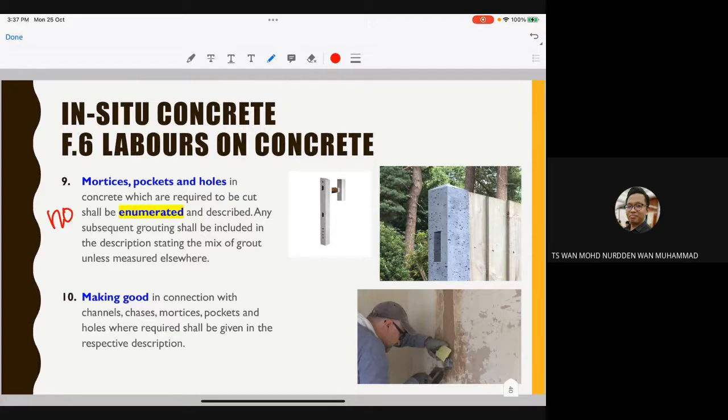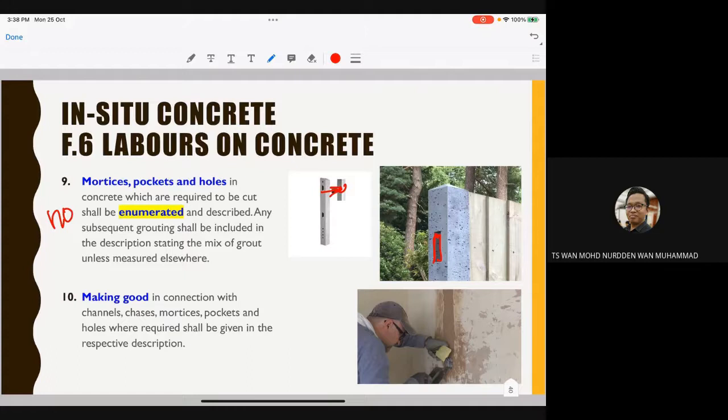Jika kat sini mortise, pocket and holes. Tahu mortise tu apa? Mortise tu macam mortise and dowel lah, kalau kita pernah dengar kan. Macam kita buat holes kat dalam kita punya concrete so that kita boleh masukkan macam ni lah. Dan this is mortise lah. Mortise and holes lah.